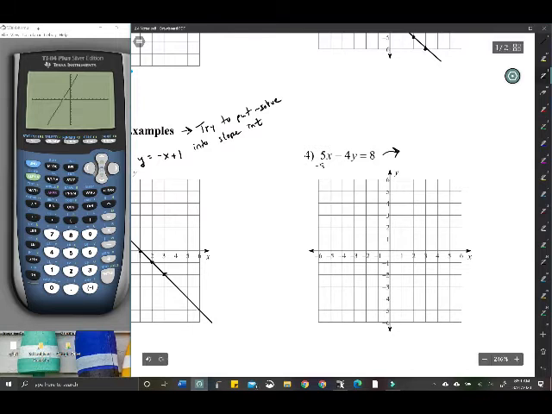That means subtract 5x from both sides. So negative 4y is equal to negative 5x plus 8, divided by negative 4. That means y is equal to positive 5/4 x minus 2.